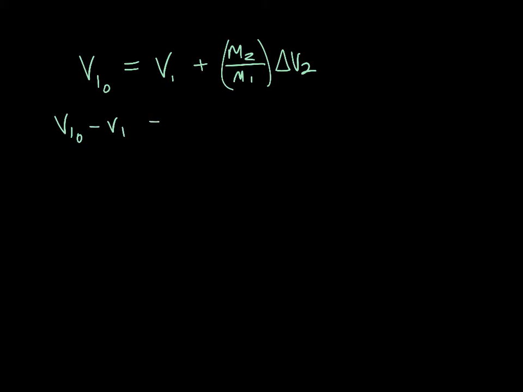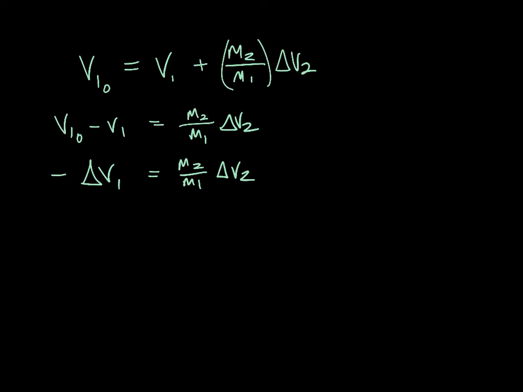So V1 initial equals final speed plus mass 2 over mass 1 times a change in speed 2. Well, if I subtract V1 initial minus V1, what I really have here is a negative change in speed 1 equals the mass ratio times change in speed 2.